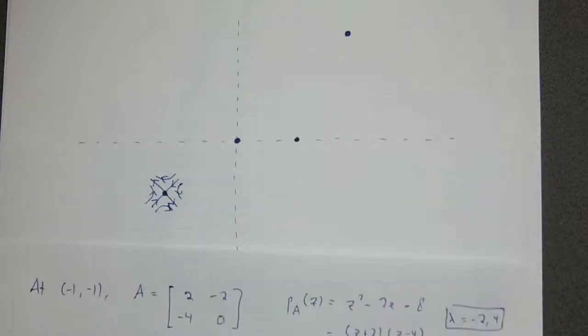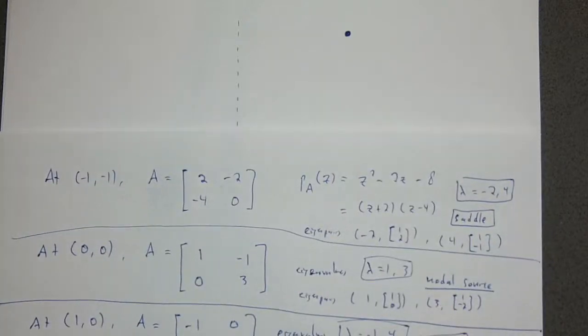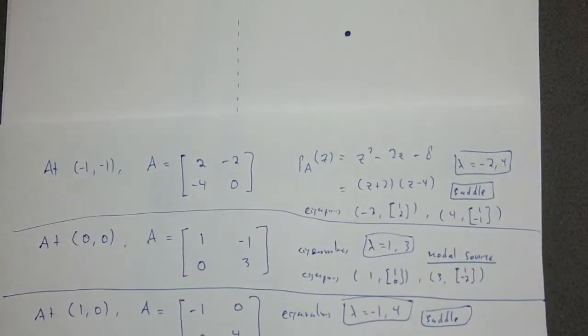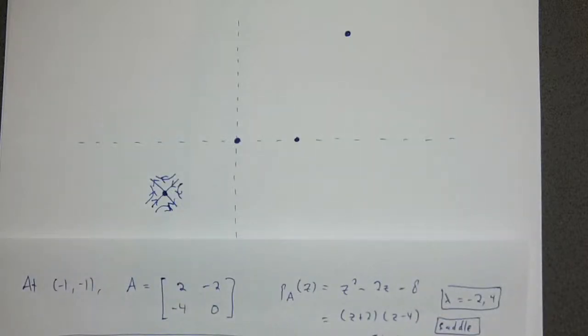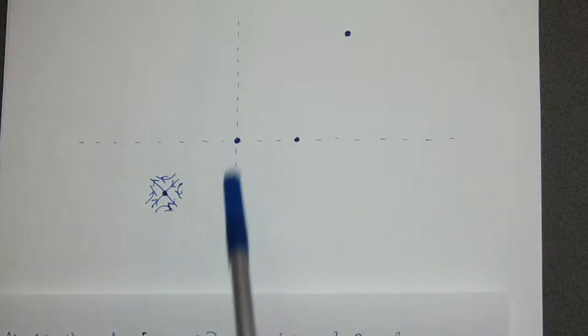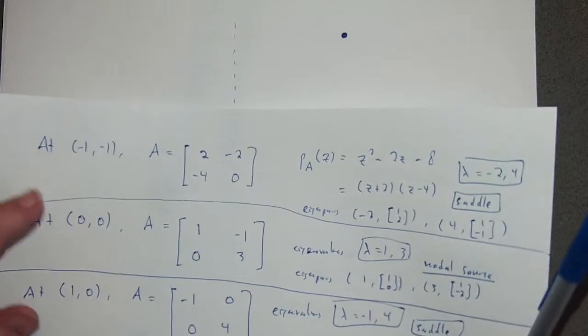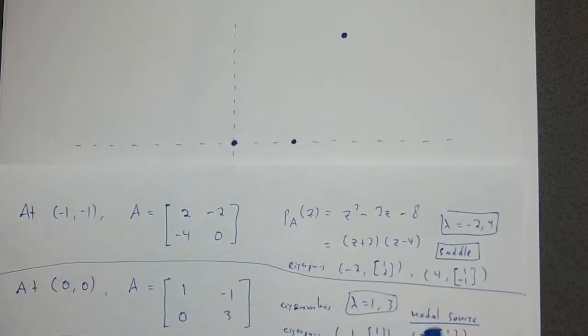Okay. At 0, 0, I have a nodal source. So what does that look like? Well, at 0, 0, what do I get?